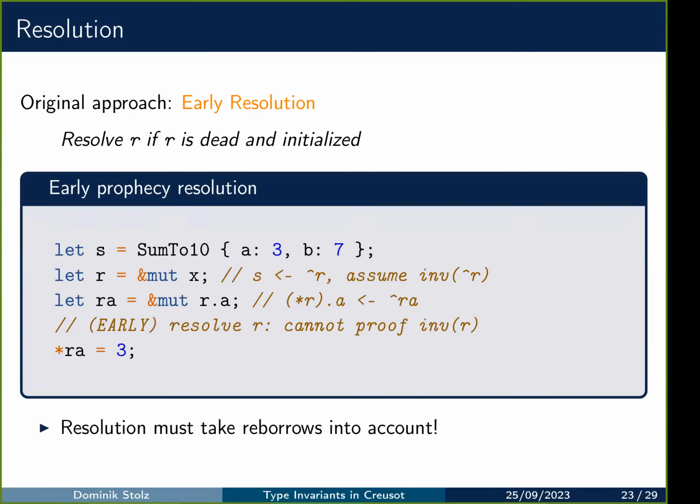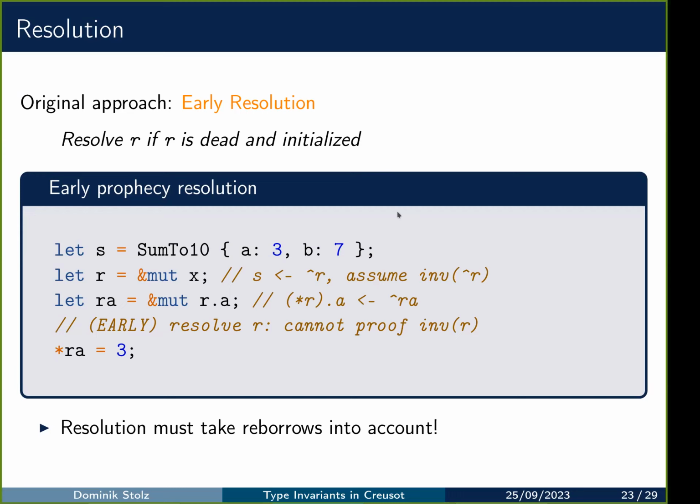And after we reborrowed R, the original reference R is considered dead and still initialized. So early resolution would resolve R at this point. However, resolving R would also mean having to prove the invariant of that reference.